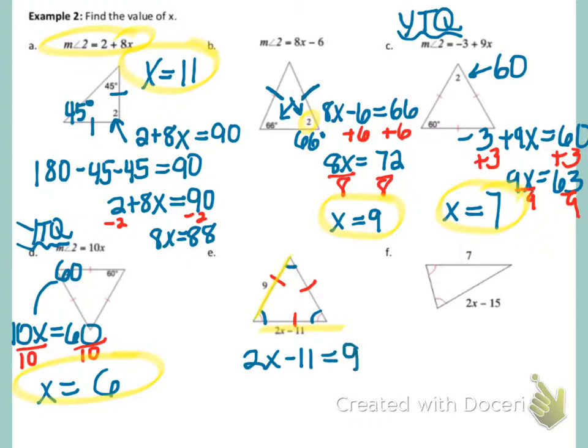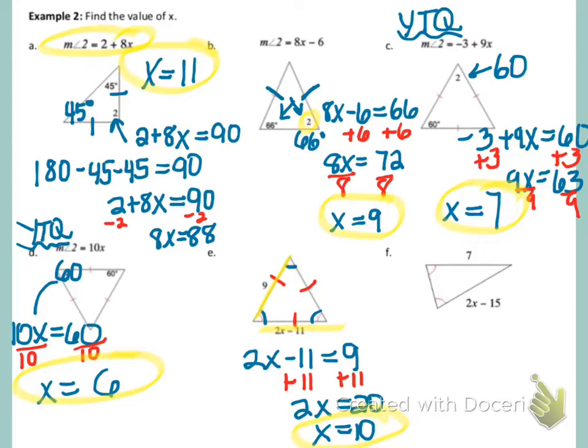So that gives us an equation we can solve. First step, add 11 to both sides, and that leaves us with 2x equals 20, and then x must be 10, because I divide by 2, I get 10. So x must be 10 to make those sides all be 9.